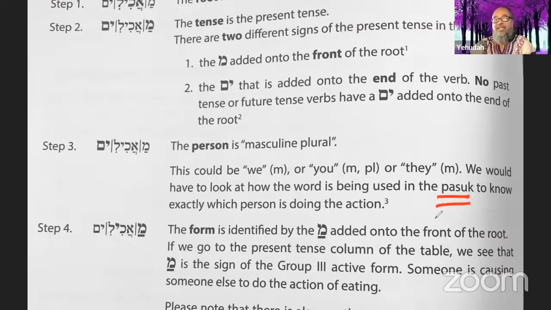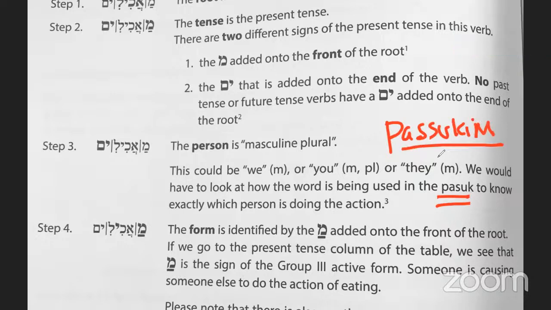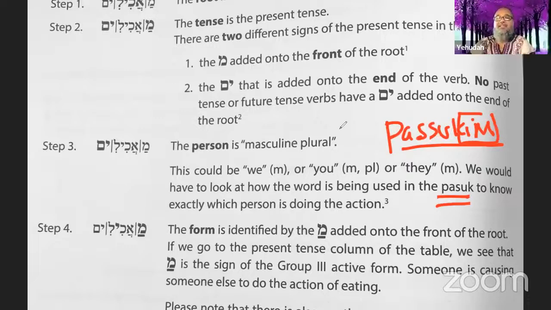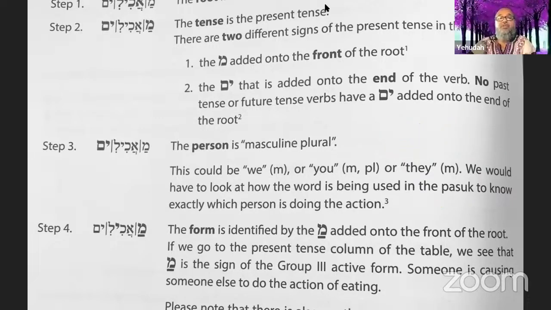That's what pasuk is. And if it's pasukim, then what does that mean? Sentences, right? Because you got that eam, that means plurality. Okay, so we look at the pasukim or the pasuk, and then we'll know exactly which person is doing the action. So context would actually tell us who it is that's doing the action.